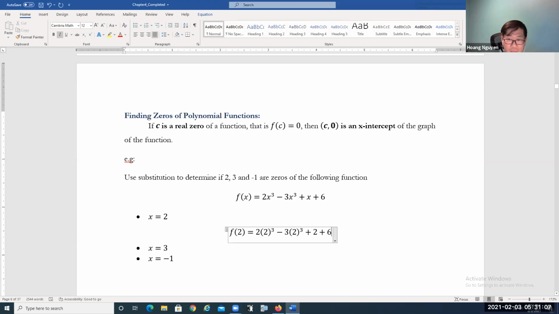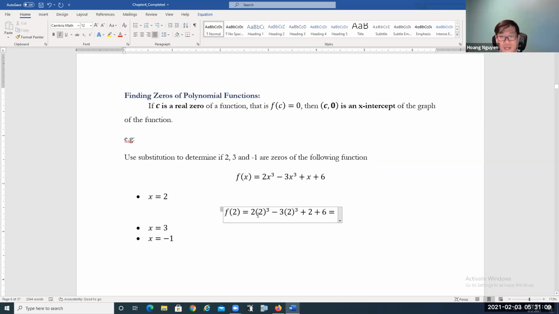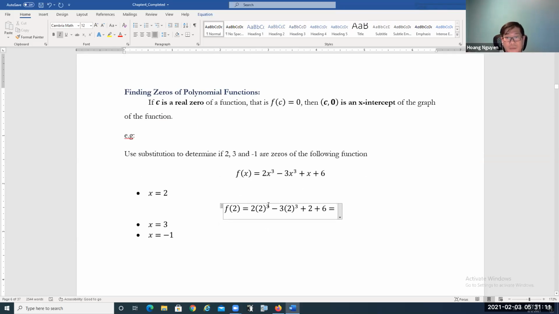Okay, so now let's complete the calculations, everyone. Let's see. So we have 2 to the power 3 is 8, 8 times 2 is 16. So the first calculation is 16, minus 2 to the power 3 is 8, 8 times 3 is 24, and then plus 2, and plus 6. Let's see what the final answer is, everyone. You might use a calculator. 16 take away 24, plus 2, plus 6. So the answer is 0.